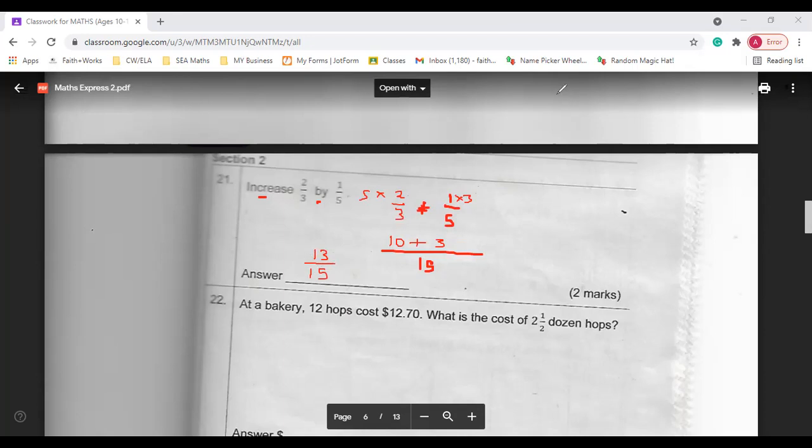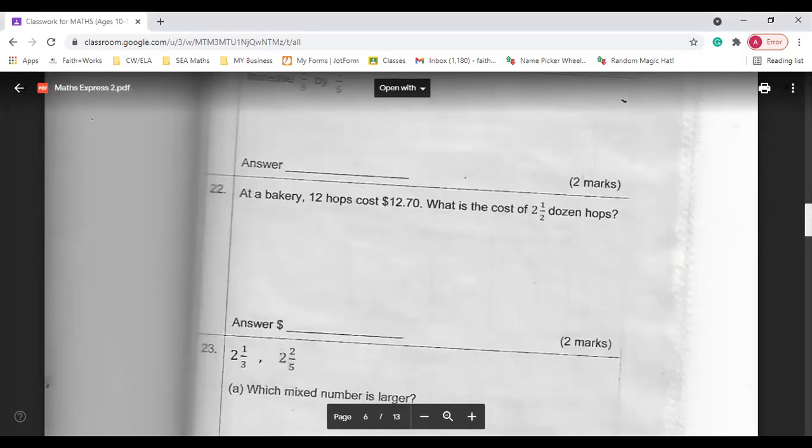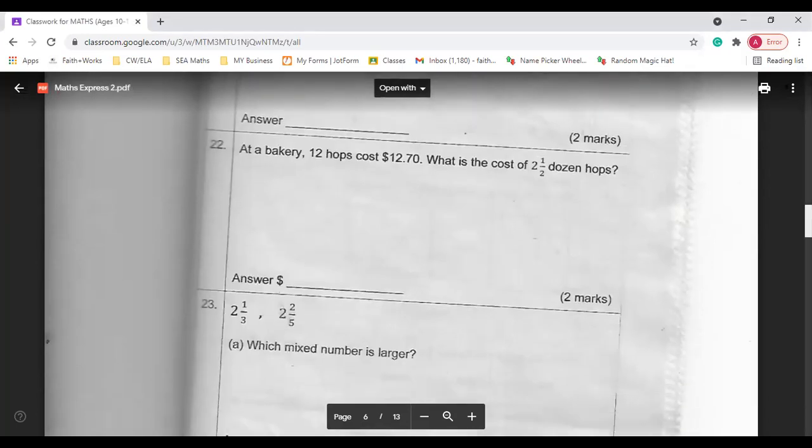Okay, let's go to the next one. Number 22 reads, at a bakery, 12 hops cost $12.70. What is the cost of two and a half dozen hops?